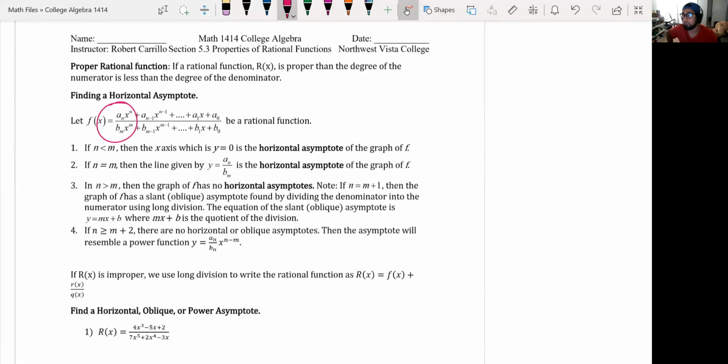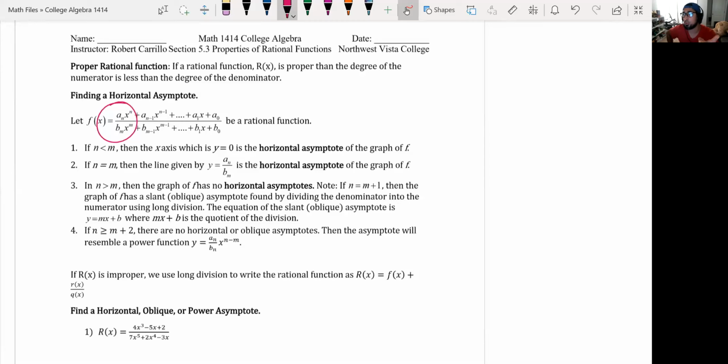Easy money. So if the numerator's degree is smaller than the denominator's degree, then we will have an automatic horizontal asymptote of y equals 0.